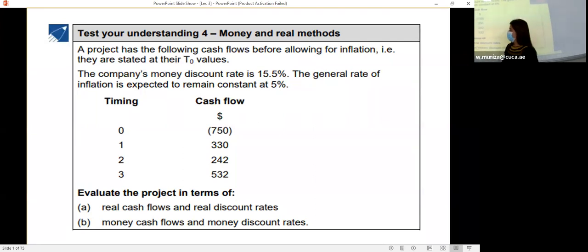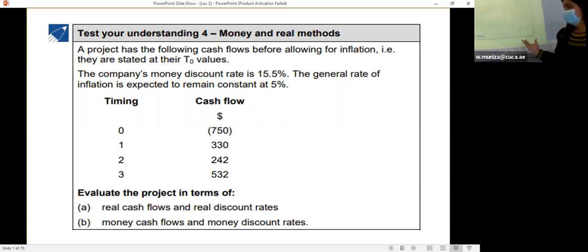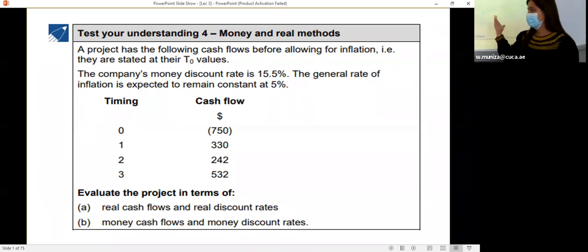So here they are telling us to evaluate the project in terms of real cash flows and real discount rates. Whenever we follow this method, it means that we need the discount rate without the incorporation of inflation in it. Real rate of interest we do require. And on the basis of that, we are going to discount our cash flows and calculate the NPV in order to evaluate the project.